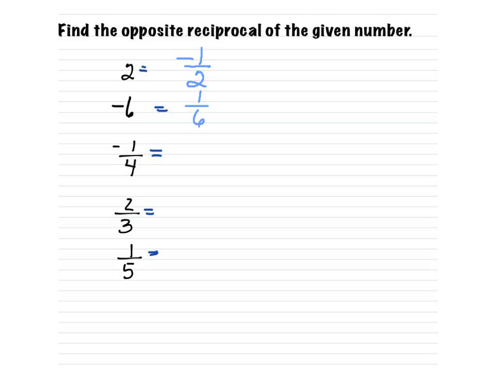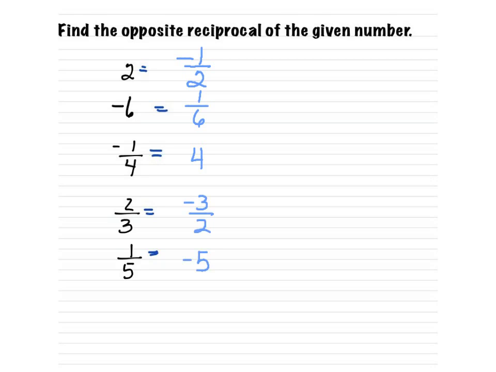The opposite reciprocal of -1/4 is +4. Pause the video and do the other two on your own. Okay, check your work.